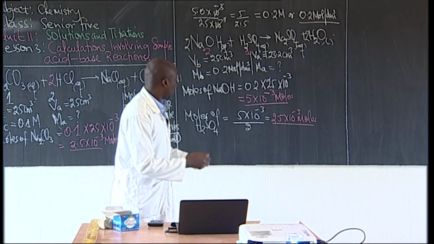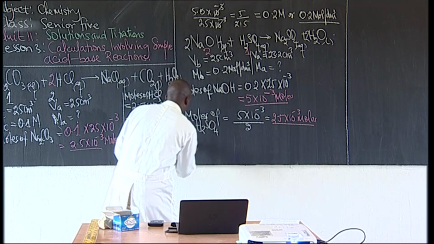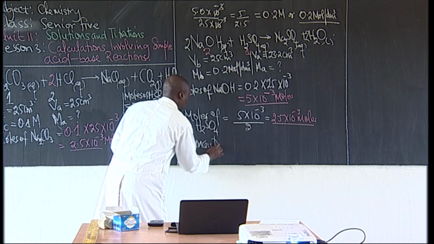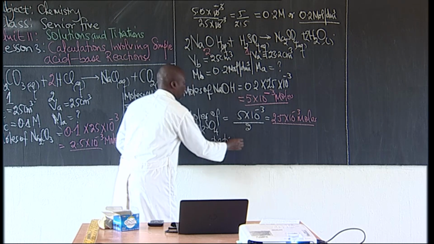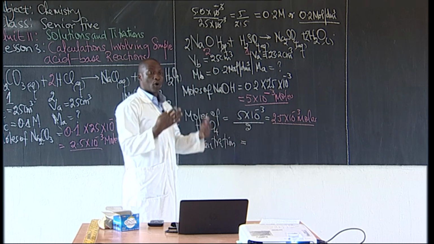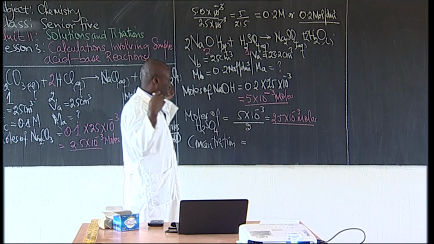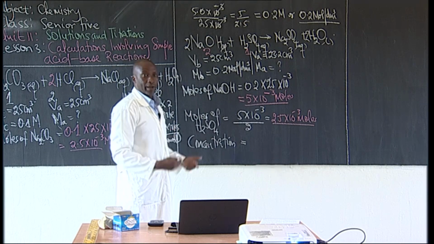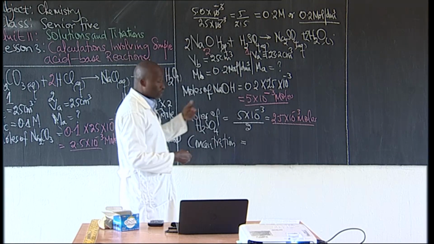We need the concentration. How do we get the concentration or molarity? Concentration, as we said, is equal to the number of moles divided by the volume, but the volume in liters.